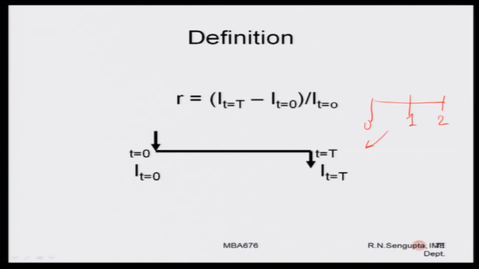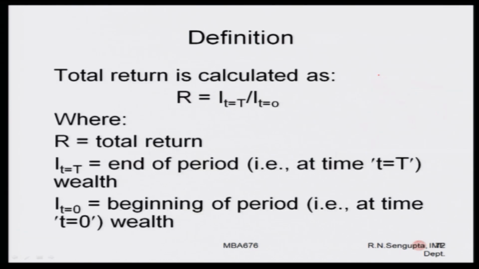Here we have only the first instant. If you have I0, I1 and I2, this value would be given by R1, which is I1 minus I0 in the numerator divided by I0. For the second one, R2, it will be I2 minus I1 divided by I1. What I was talking about, this distribution would have a normal distribution. We will come to that later also.